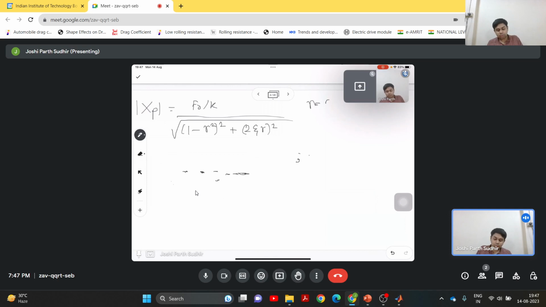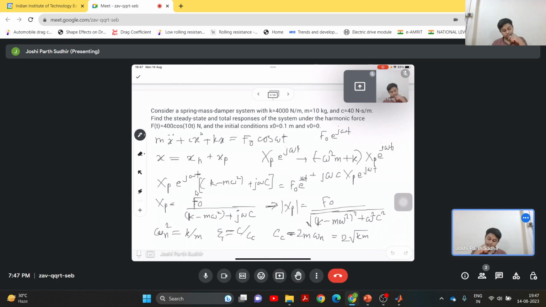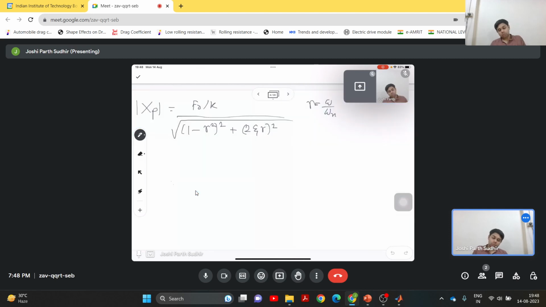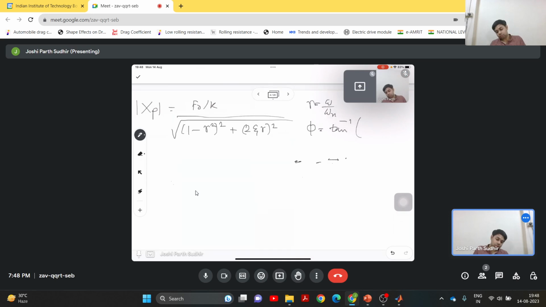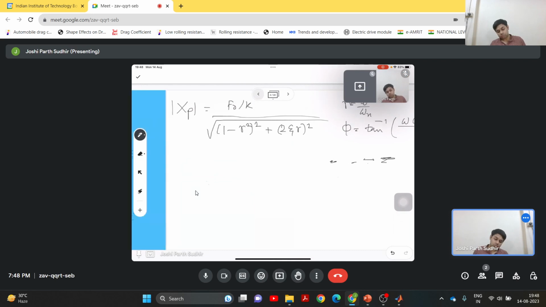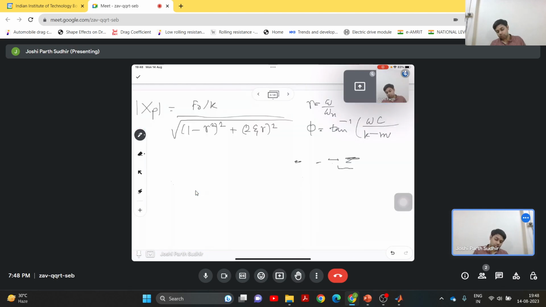Here r is omega by omega n, and the phase angle phi we can write as omega c upon k minus m omega square.